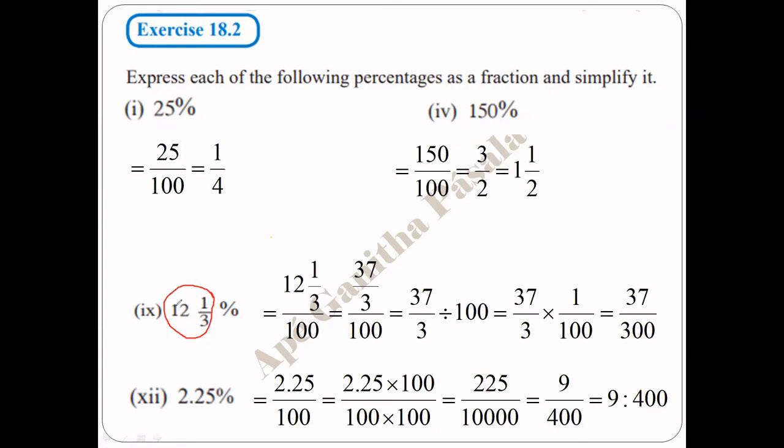Whether it is a mixed number or decimal number or whole number, always write this part in the numerator, and always the denominator is 100. If you want to remove the percentage sign, you always have to put 100 in the denominator.